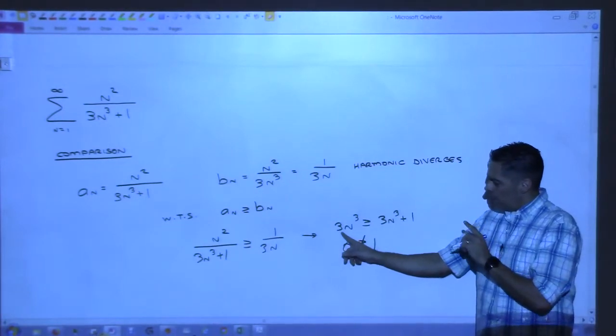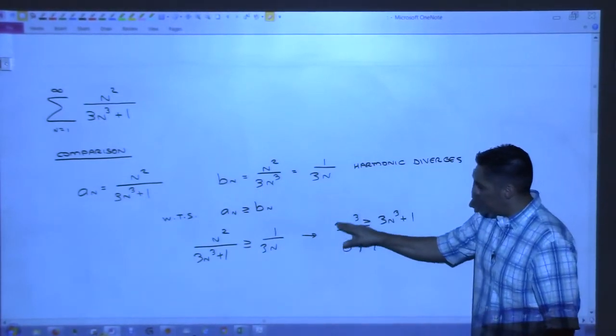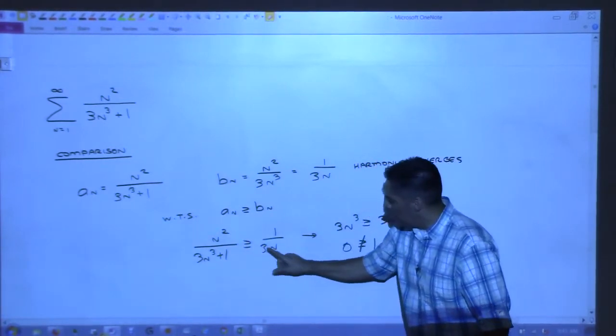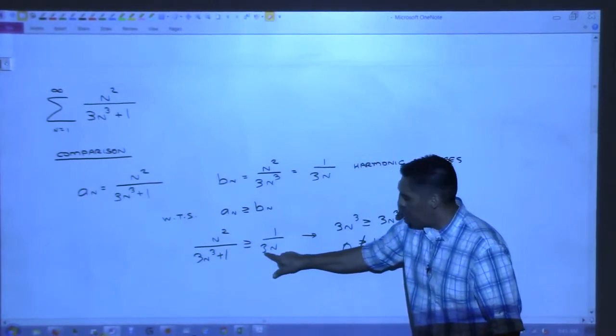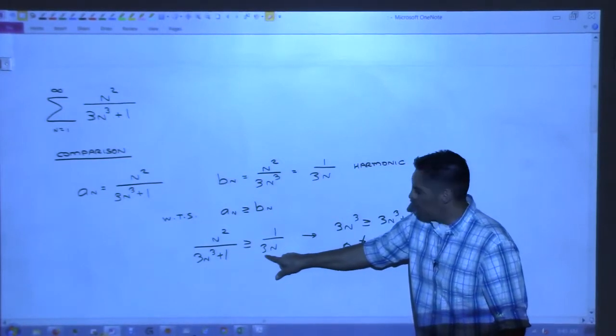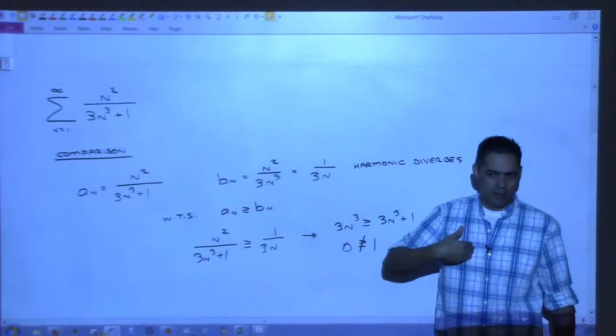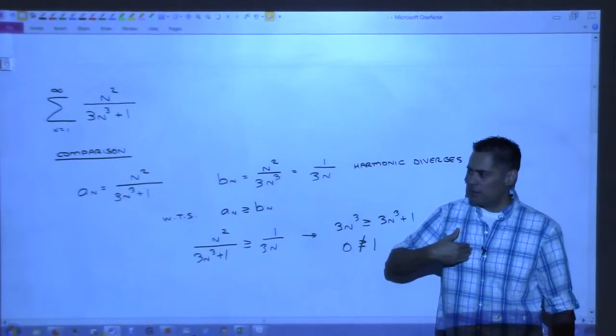Now where did this come from? Where did this piece come from? 1 over 3. This right here, right? When I multiplied there, it came from that 3 right there. Can I change that to a 4? Well, I made up this series myself, didn't I? This was my choice, wasn't it? Right.